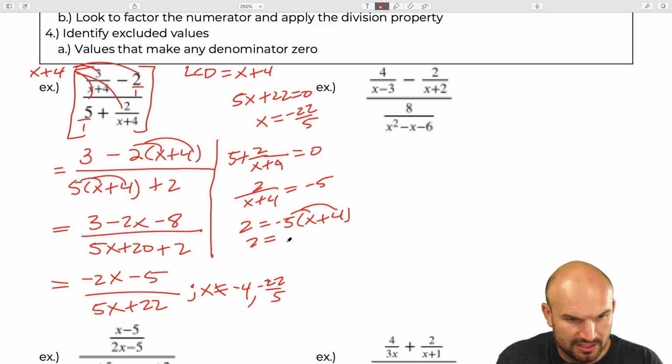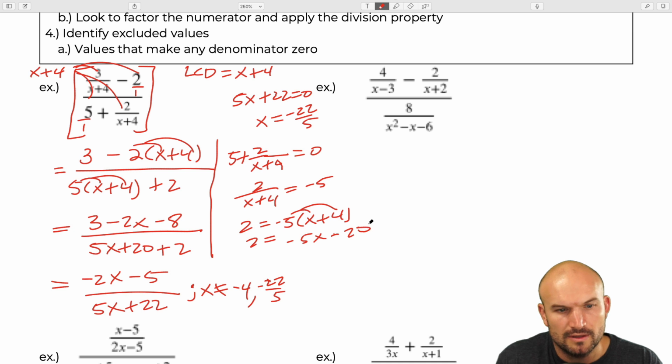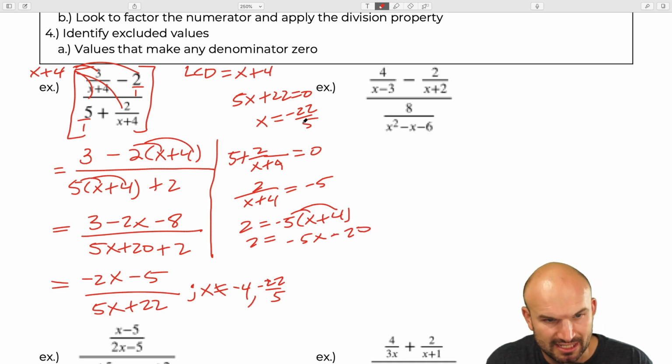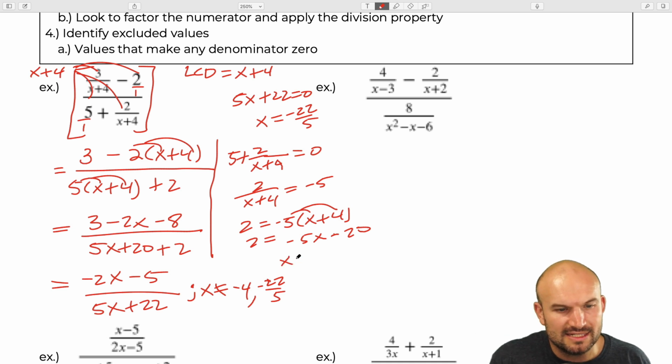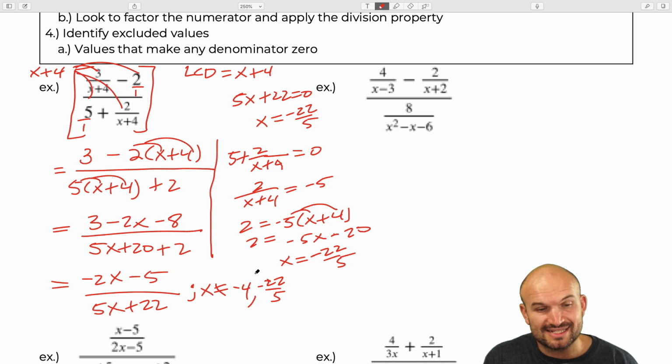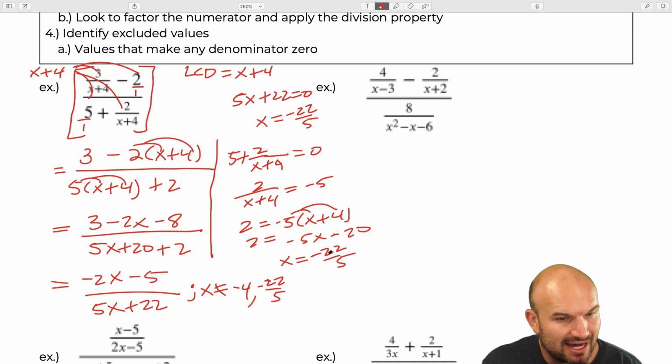So 2 equals negative 5x minus 20. And then therefore that's going to give you the negative 22 over 5. So that still works. So x equals negative 22 over 5. So there you go. So two different ways you guys can see why negative 22 over 5 is not going to be included in the domain.